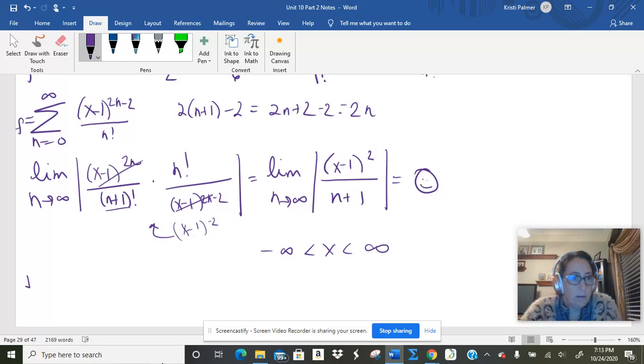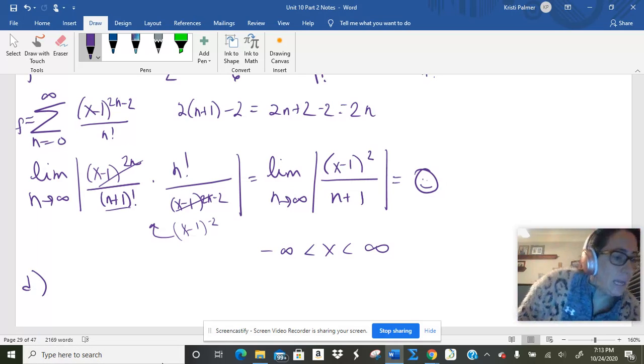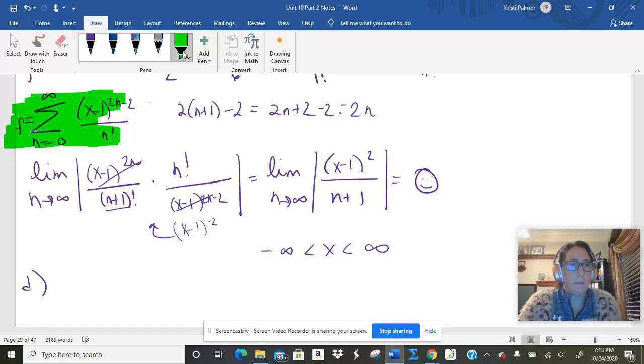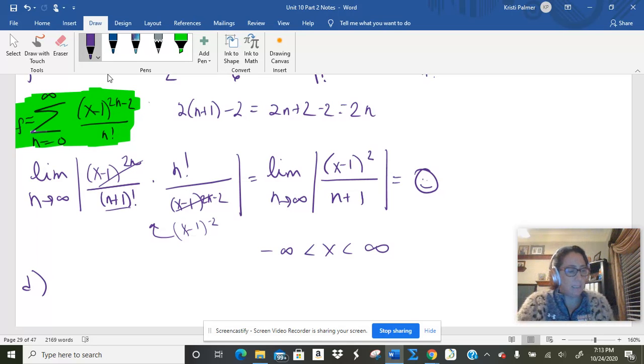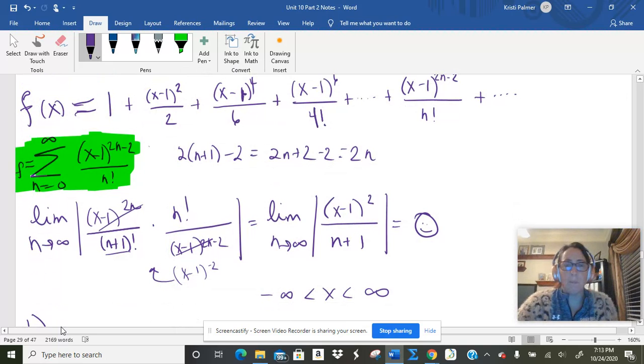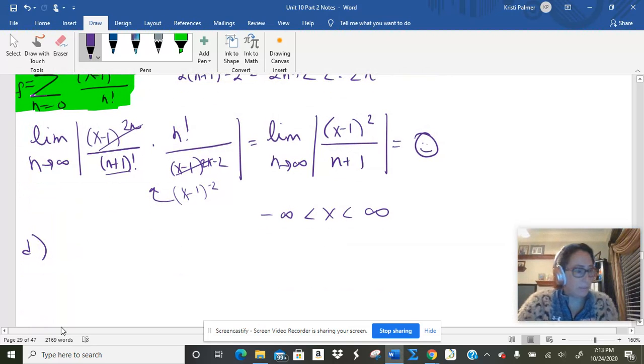All right. So now we're on part D. And it wants me to use the Taylor series for F to determine whether the graph of F has any points of inflection. So F was right here. I like to try to label things so I can easily find it. So there's my Taylor series for F. I'm going to go ahead and write it so we can see.